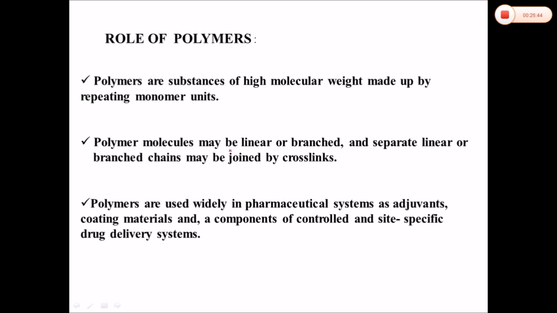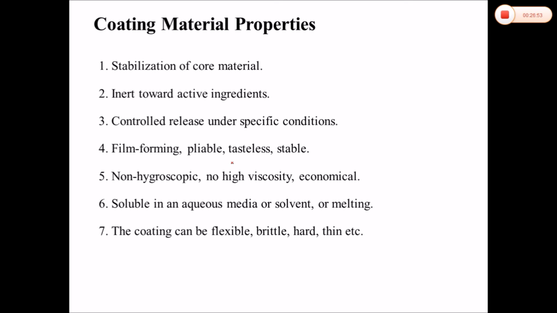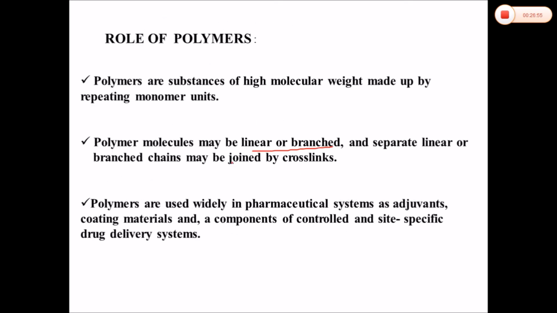Polymer molecules are linear or branched, and the separate linear or branched chains are joined by cross links. Polymers are used widely in pharmaceutical systems as adjuvants, coating materials, as well as components of controlled and site-specific drug delivery systems.